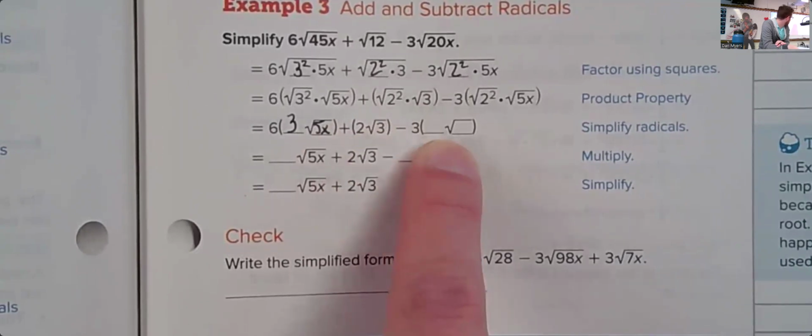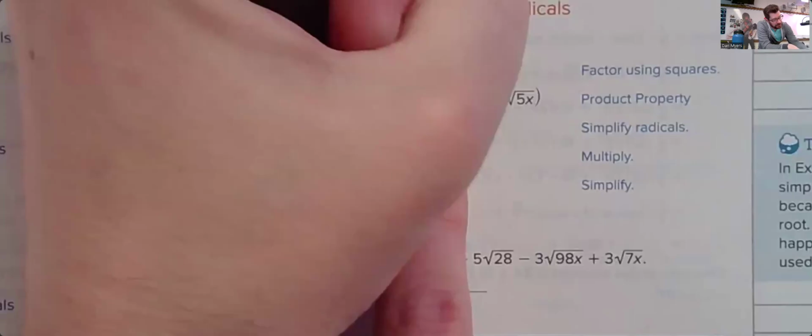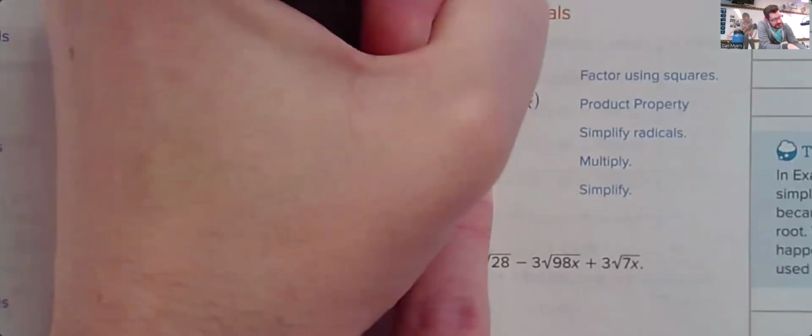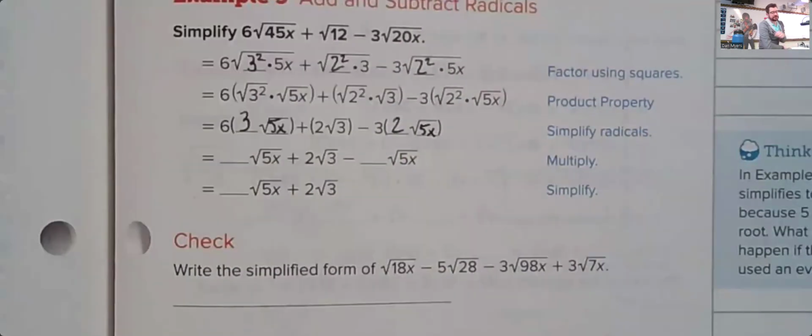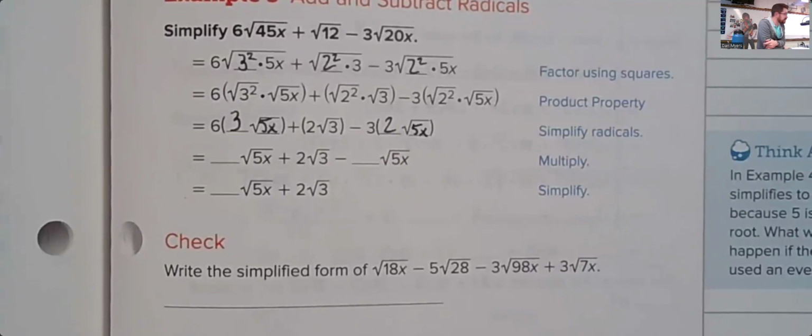And then over here, what's the value in front of our radical? 2. Okay. And what's underneath it? 5x. All right. Then it just says, so simplify radicals here.